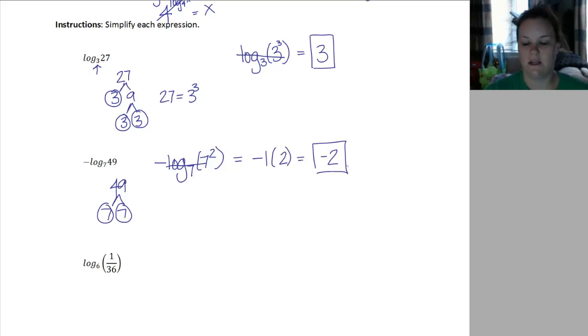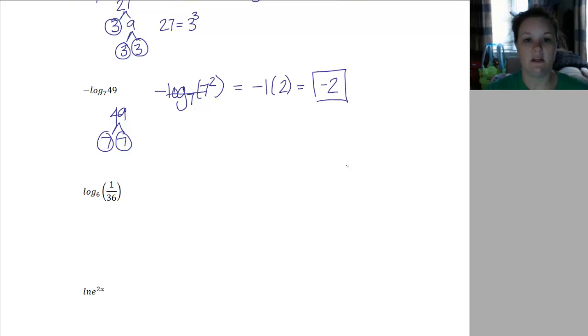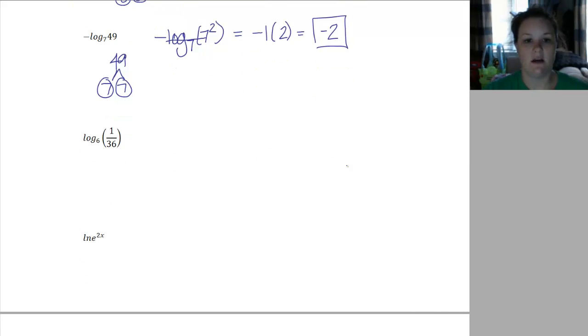Okay. Let's look at another one. This one's a little bit different. Here I'm looking to get the inside number written with an exponential base 6. So first thing I want to do is I know that 36 is the same thing as 6 squared. So I'm just going to rewrite this. So this gives me log base 6 of 1 over 6 squared.